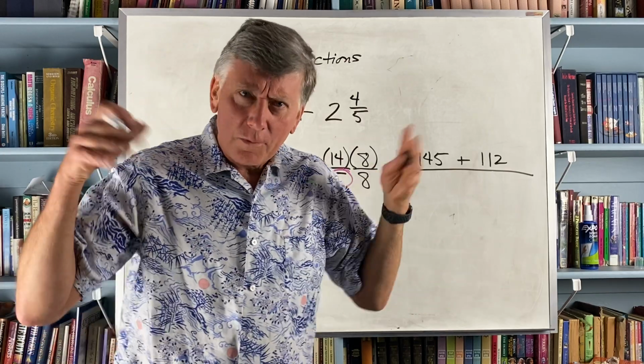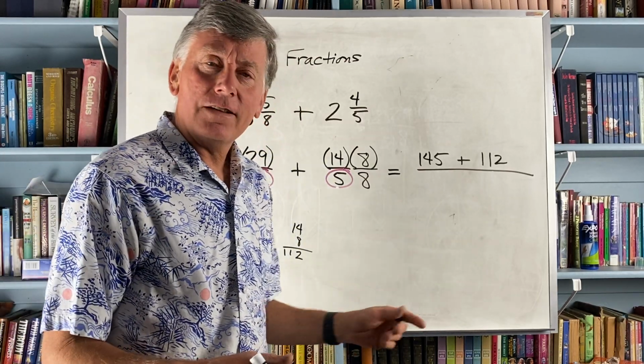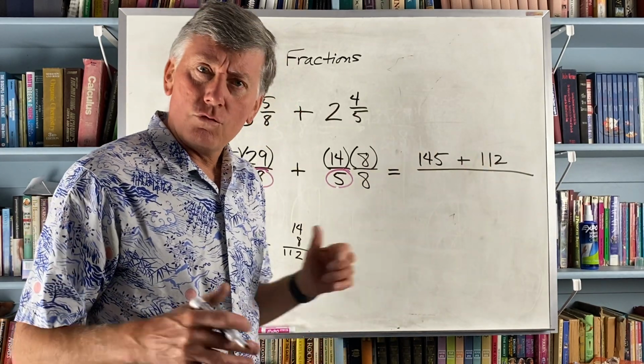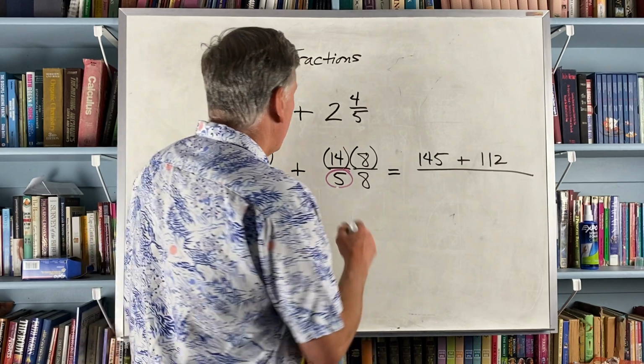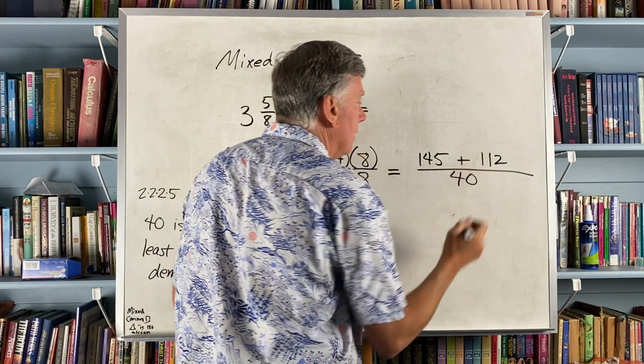Those are quick ways you can do these kinds of things, and practicing doing this sort of thing in your head is great to do. And then, of course, my denominator is that 40.